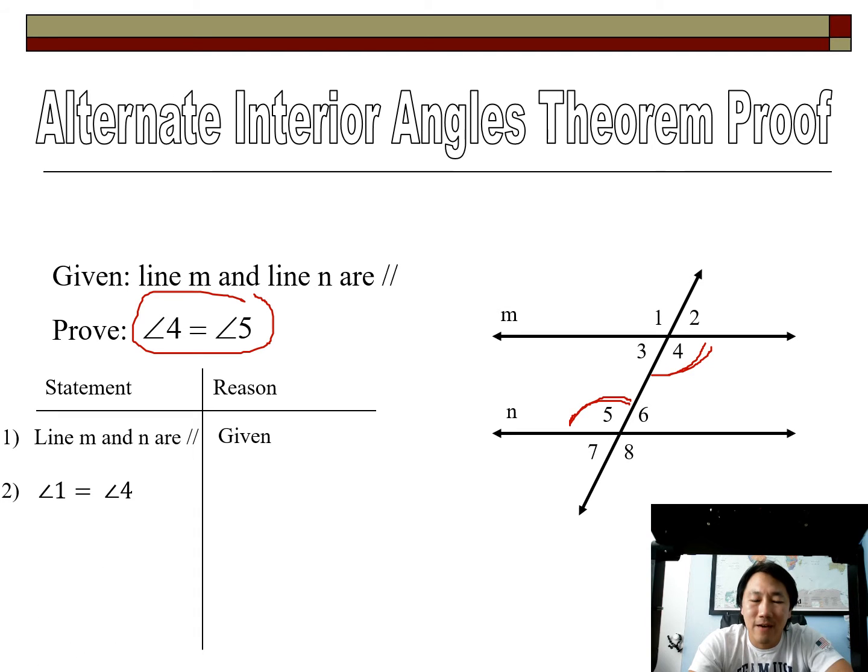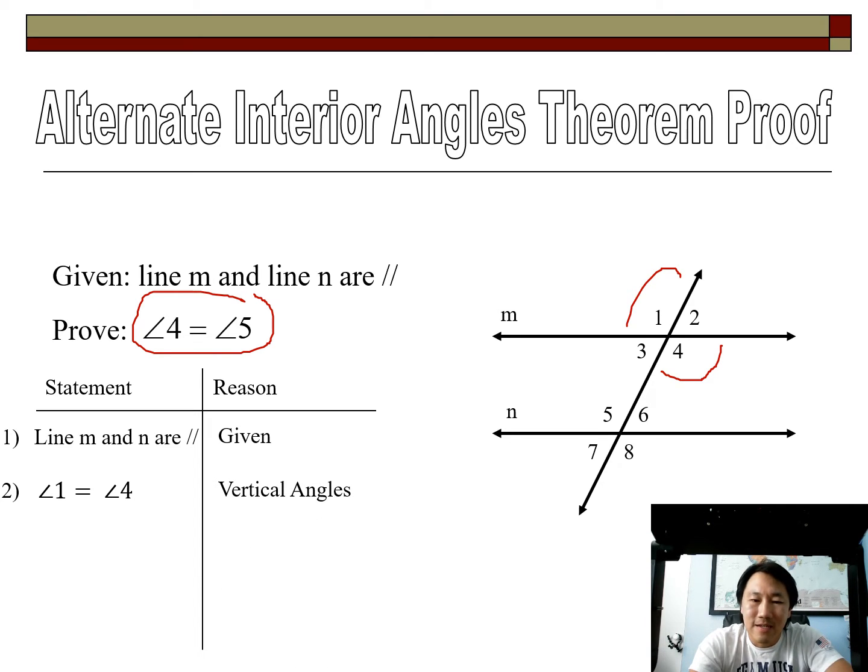The first thing I know is that angle 1 is equal to angle 4. How do I know that angle 1 is equal to angle 4? They have a very specific vocabulary word. Hopefully you remember. 1 and 4 are called vertical angles.